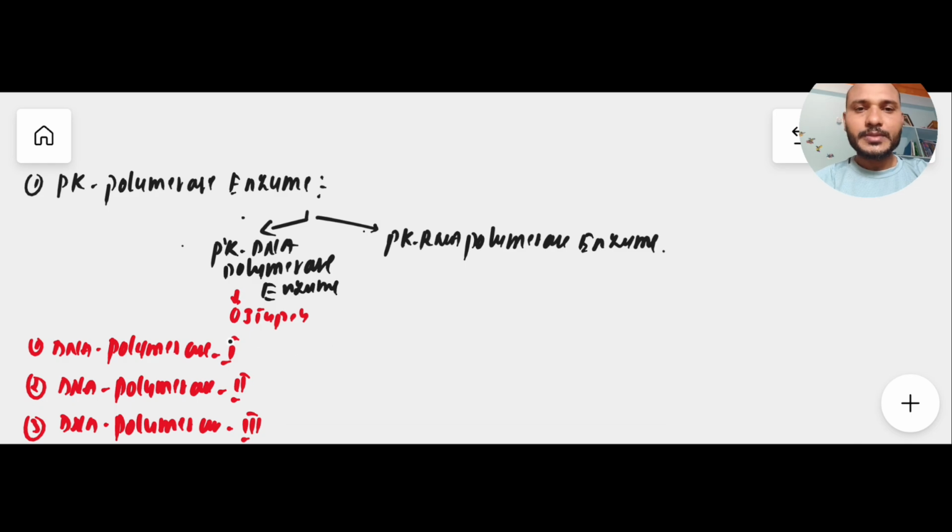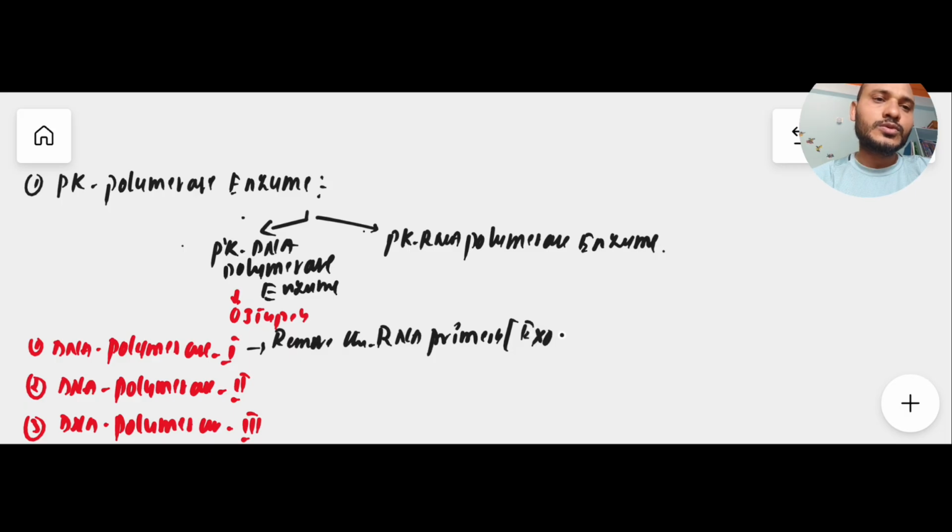So DNA polymerase 1 helps remove the RNA primers. This removal is exonuclease activity. Exonuclease activity means it can remove the nucleotide only from the end of the DNA strands. And once it removes, then it fills the gap.